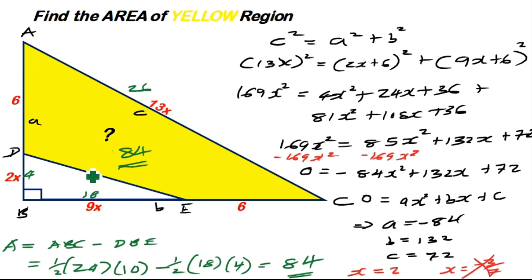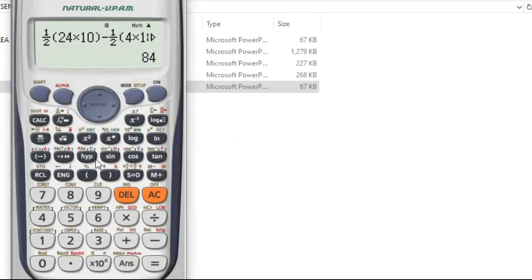Ladies and gentlemen, that is the simplest way to determine the yellow region of this radical geometry problem.